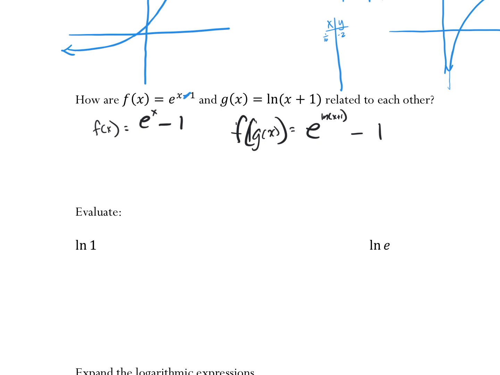So what is e to the natural log of x plus 1? x plus 1, based on that property we talked about up top. Minus 1 is x.